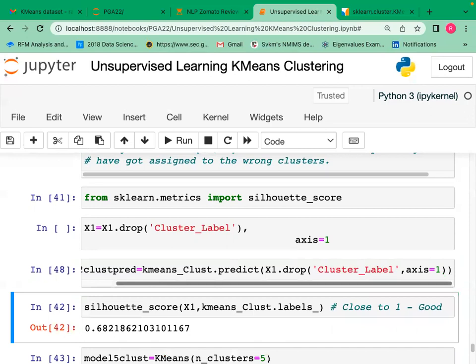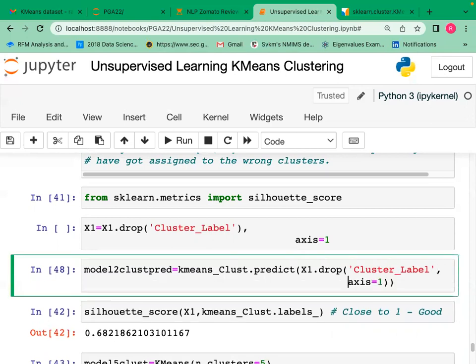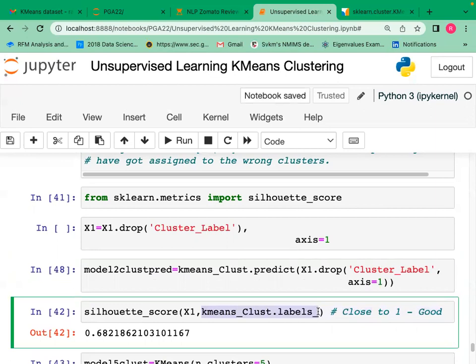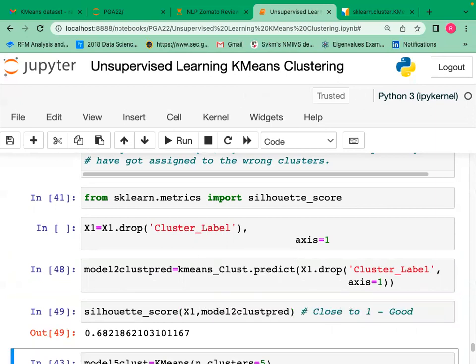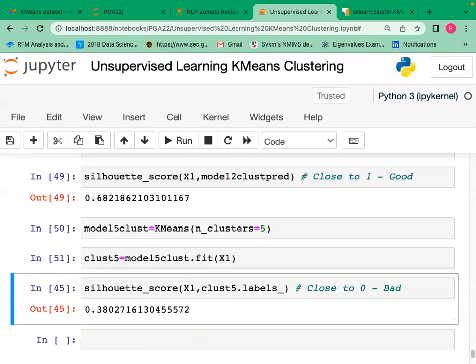We are dropping only one column, no? That's fine. We are getting the same score.